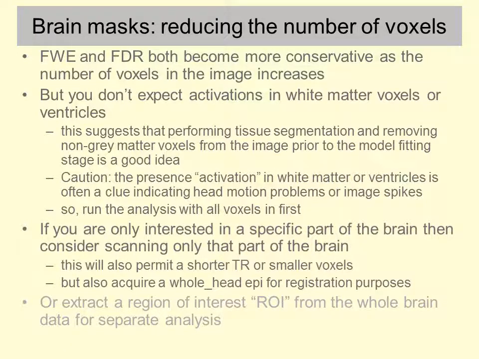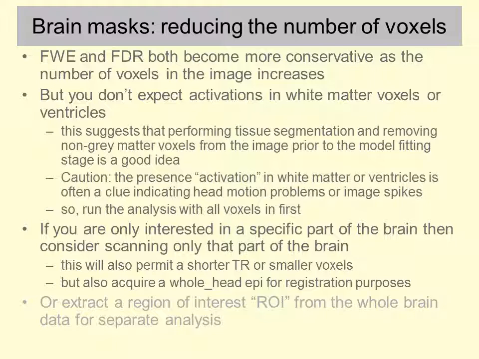Another thing you can do is consider scanning only the part of the brain that you're interested in. Have fewer slices, positioned obliquely so that they cover only part of the brain. You'll also at that point be able to have a shorter TR, therefore more time points in your data, or smaller voxels.